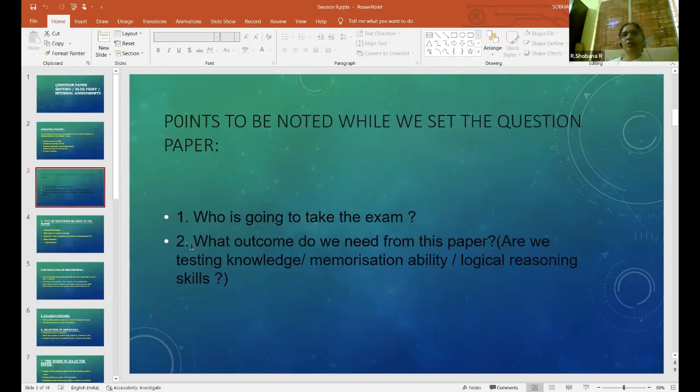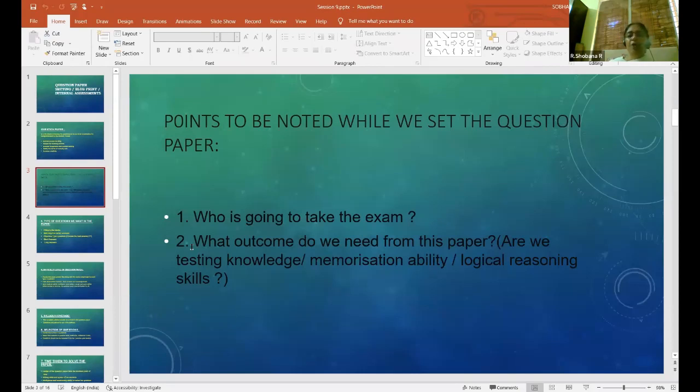If you are going to test only the formulae part of the child, then we are going to set a question paper that will basically have multiplication tables, multiplication problems, or testing only the formulas. Then you will set a question paper that will mostly test the knowledge that they have obtained.